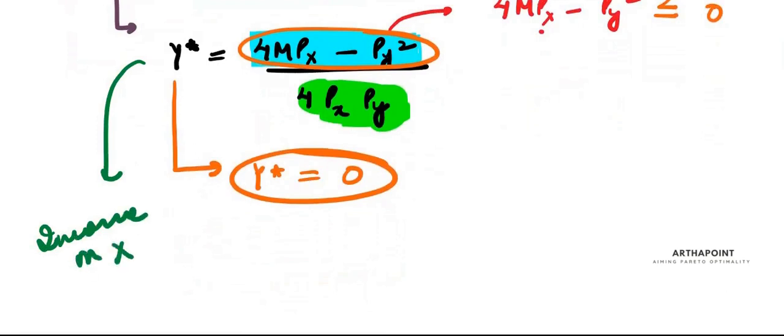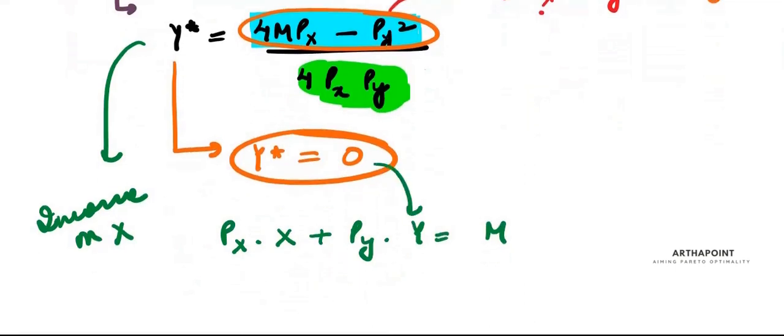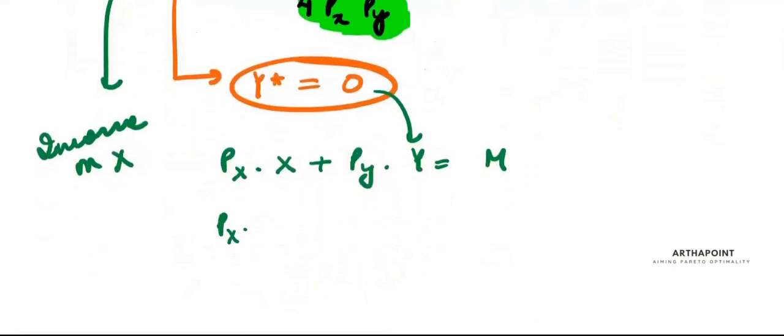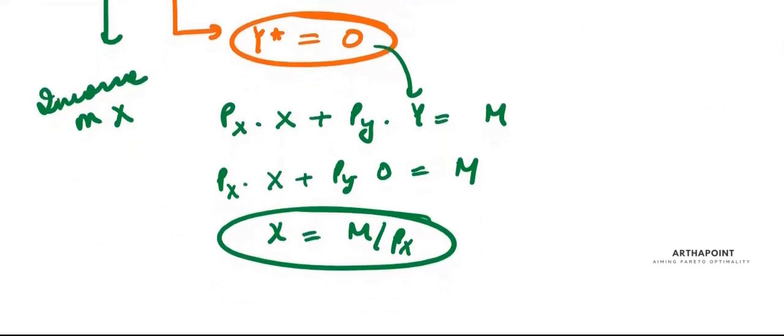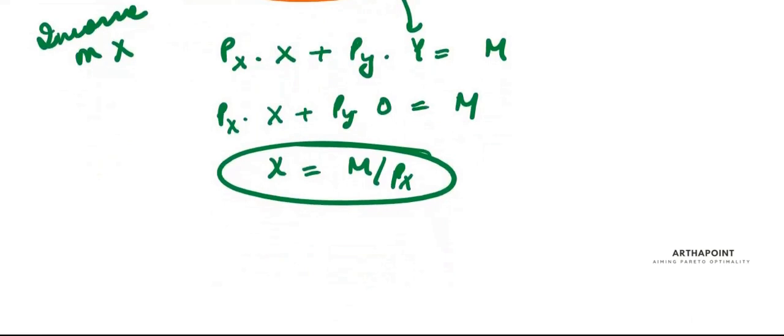In that case, if you look at your budget line, and instead of y you put 0, you will get your x as m by px. So your quasi-linear function has two answers.